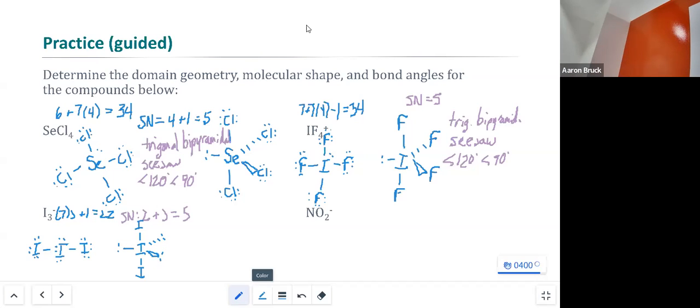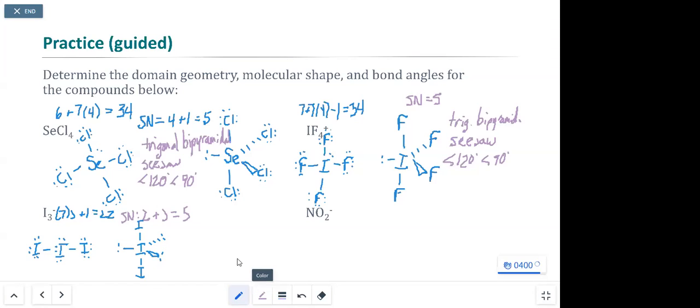So if we are looking at the geometry piece again, we're still talking about trigonal bipyramidal.